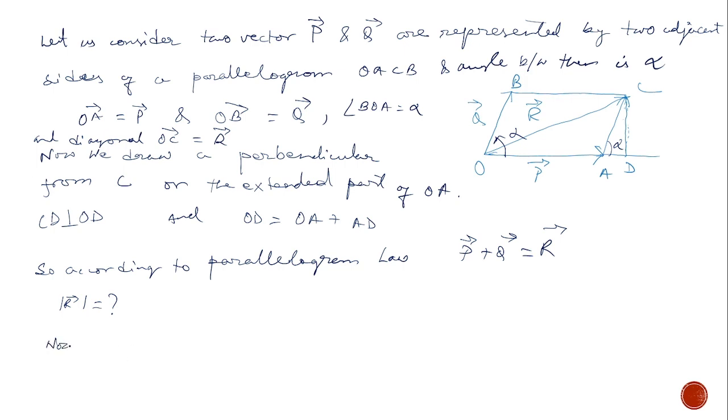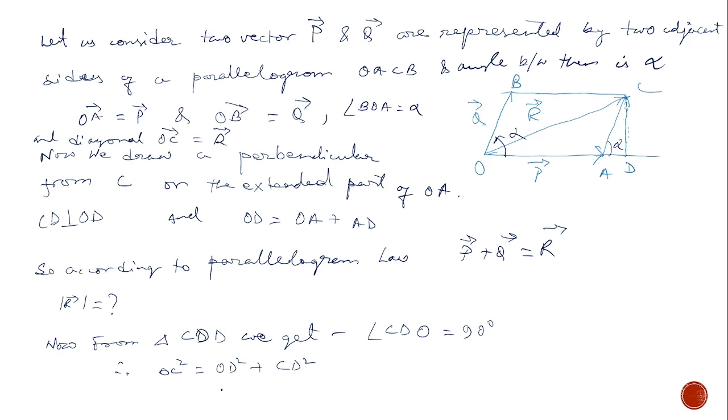Now from triangle COD, we get angle CDO equal to 90 degrees. So OC square is equal to OD square plus CD square.